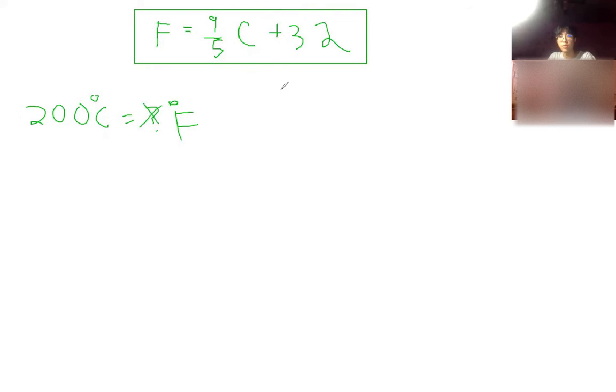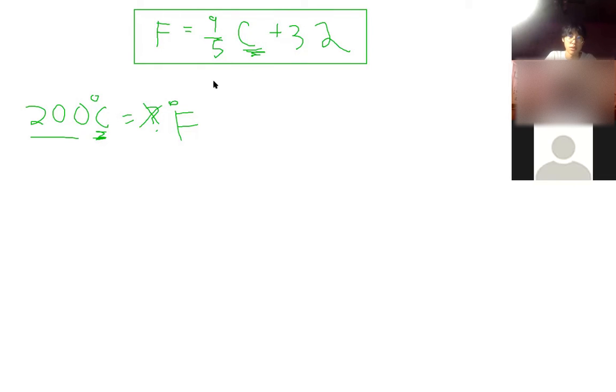In order to solve this, you would plug in 200 wherever you see this C, because that's the same unit, since this is the formula you're using to convert Celsius into Fahrenheit. You'd also plug in whatever you need for F, Fahrenheit, but since you don't know what it is, you just leave it as X, because that's the thing you're trying to solve for.